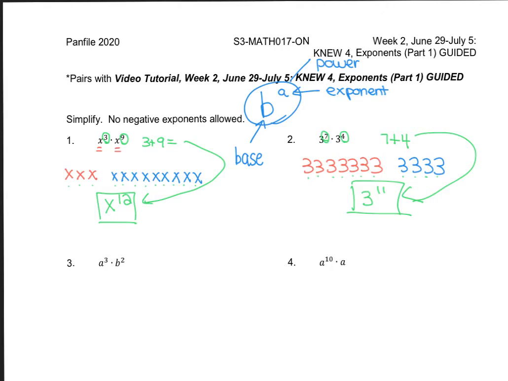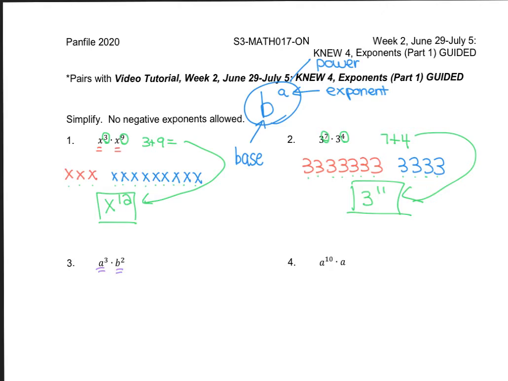Now down here for number 3, notice our bases are different. So right here, we have an A and a B, so different bases. We cannot then add the exponents.